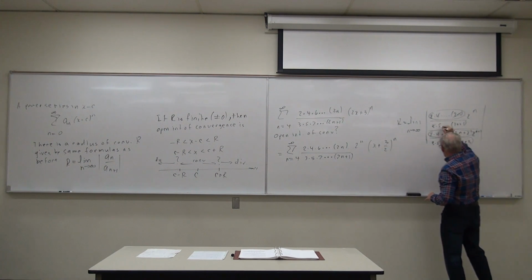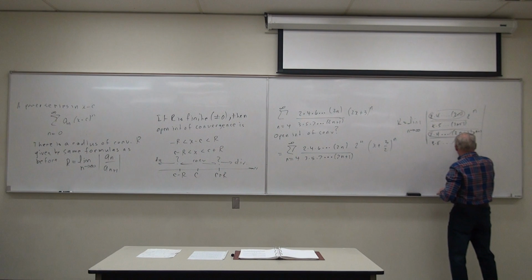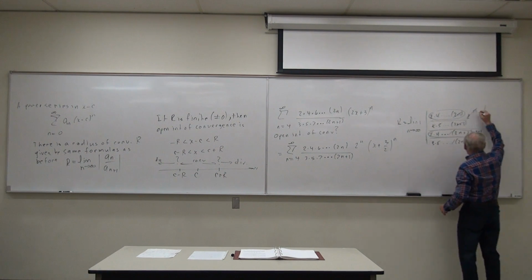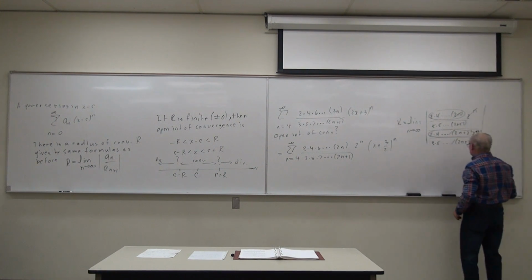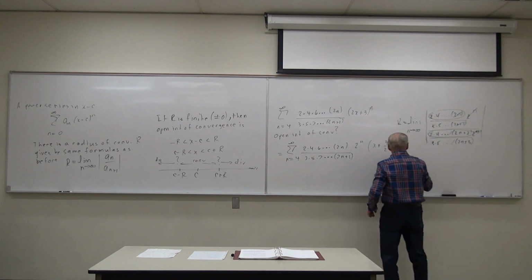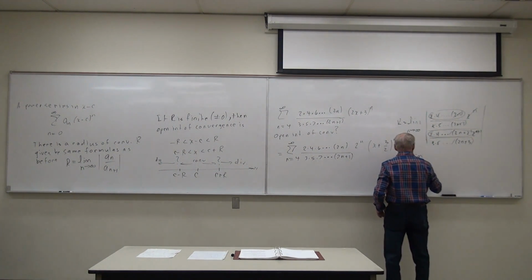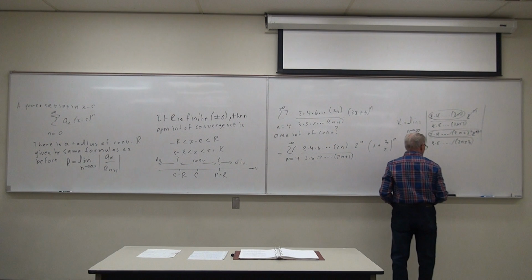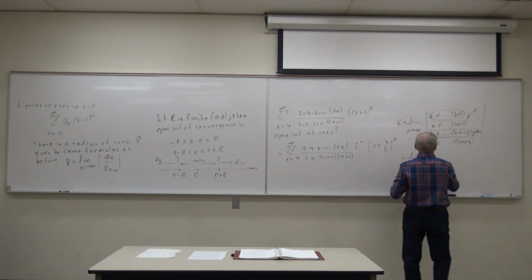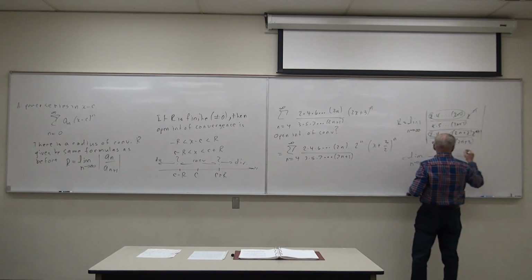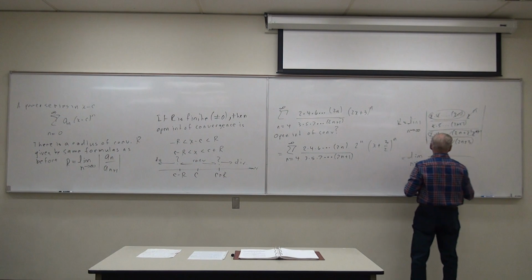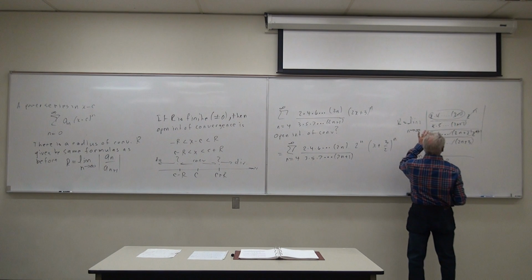You cancel, and what's left? The limit as n goes to infinity: we've got a 2 in the very bottom, this one down here, right? All right, 2. And what at the top there? Nothing. So it's all at the bottom: 2n plus 2 and 2n plus 3.